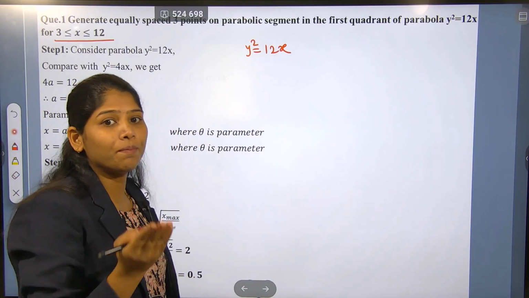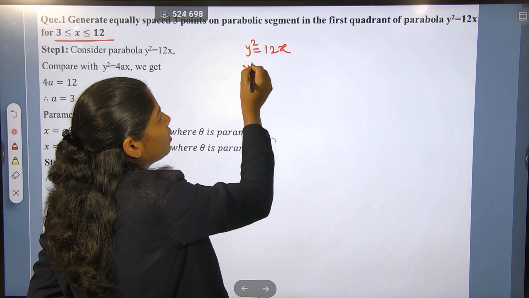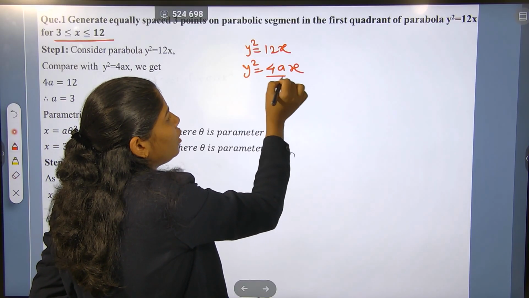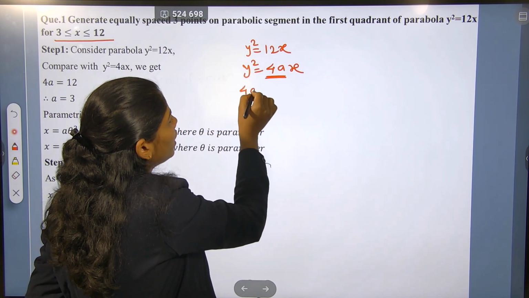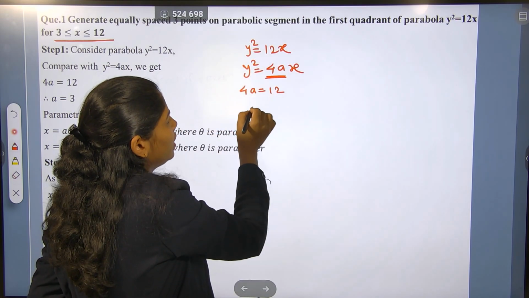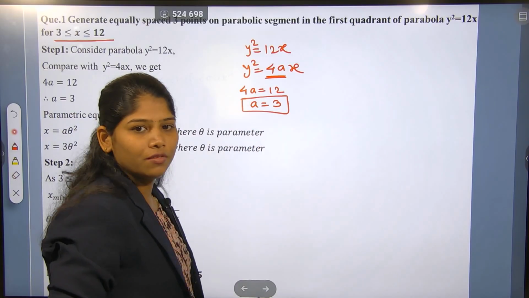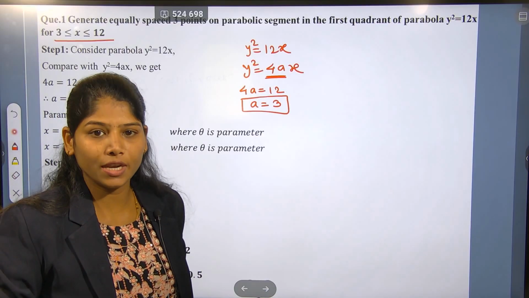आपको यहाँ पे कंपेयर करना है जनरल इक्वेशन के साथ. So if we compare y square is equal to 4ax, we get the value of 4a as 12. So we get here 4a equals 12. From that a equals 3. First find out the value of a, then go for the parametric equation.